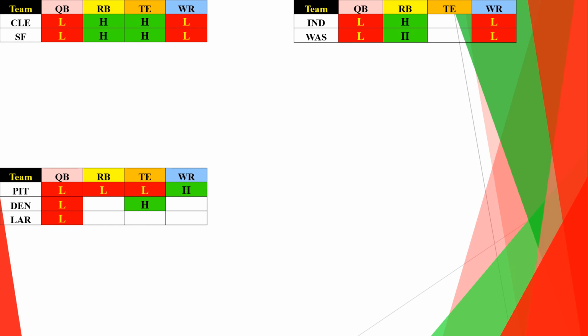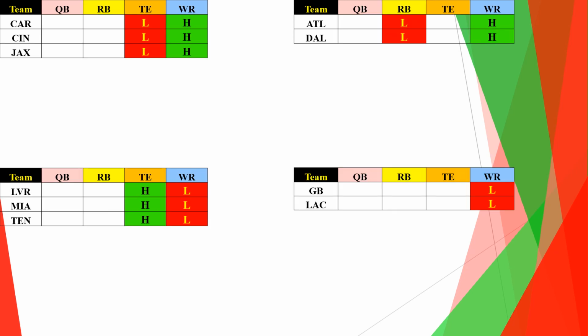Rams, kind of average. Carolina, average. Didn't use their tight ends a lot. Wide receivers, you think that McCaffrey, that should be high, but anyway, that's what we got. Atlanta had problems, and Elliott, so I hope that changes. And we were passing all day, all night.